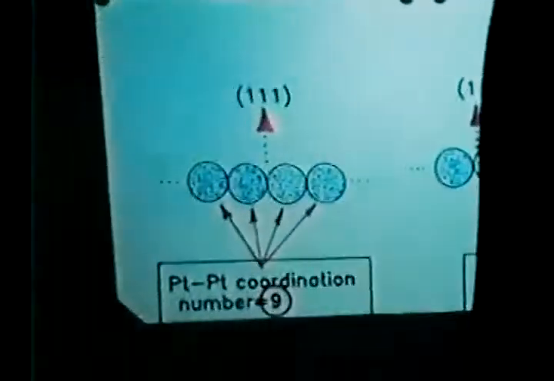Now, what I'd like to do today is to talk about platinum 112, a stepped single crystal surface. Platinum 112 contains terraces of 111 orientation as shown here, separated by steps which have 100 orientation. So the terraces are a simple close-packed structure shown in side view here, and the stepped crystal contains the 111 terraces and 100 steps.